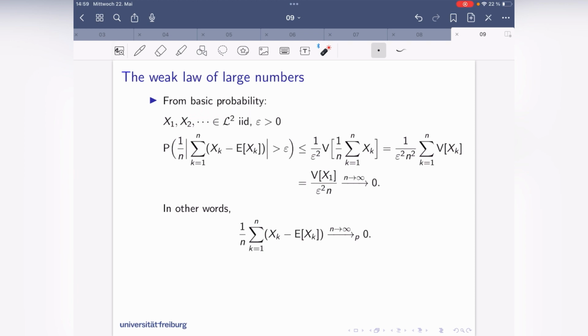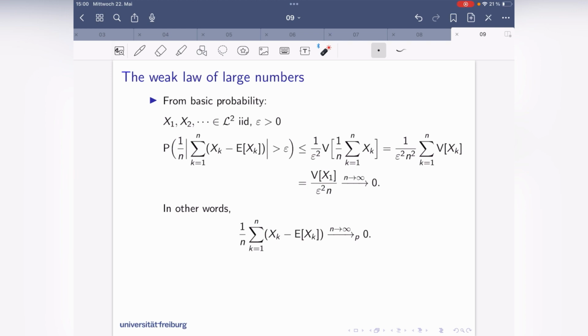There you had the following proof. Take some random variables which are real valued and in L2, and some small number epsilon bigger than 0, and the random variables are IID.